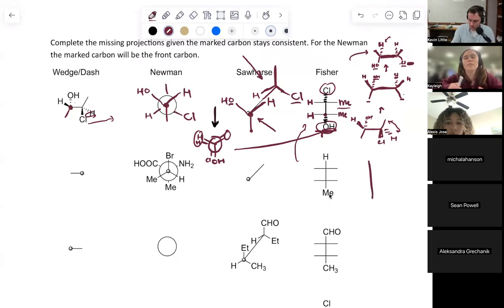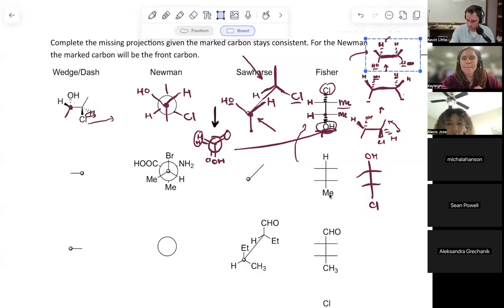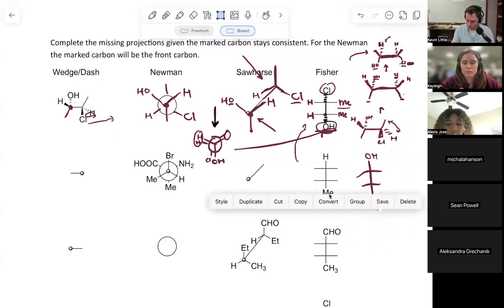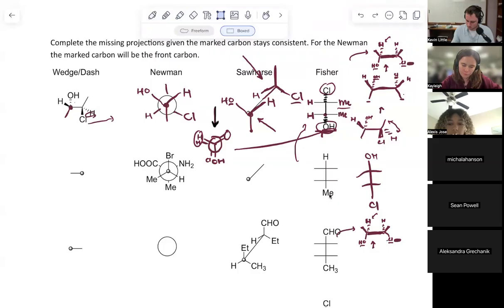But if I asked you this Fischer projection from this same, if I was looking at the same thing, how would you fill out this Fischer projection? You would look at it from the other side as the start, right? From the OH as the top.